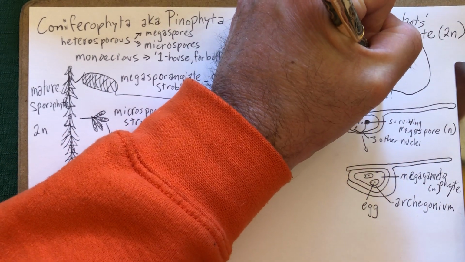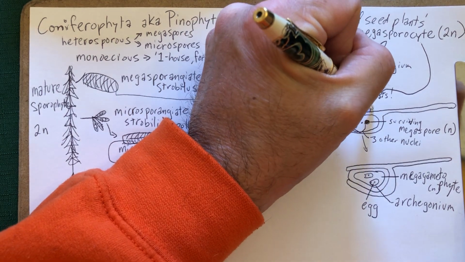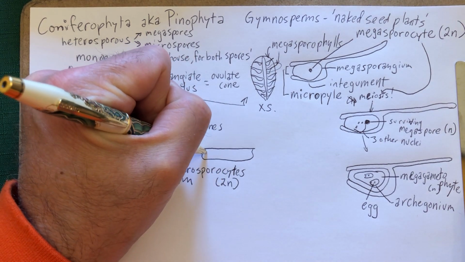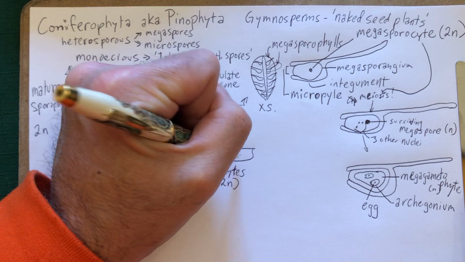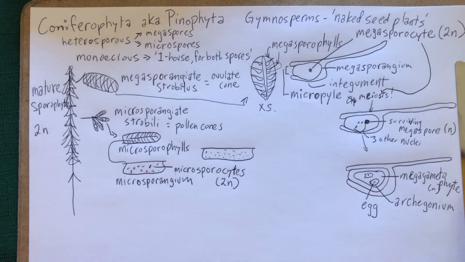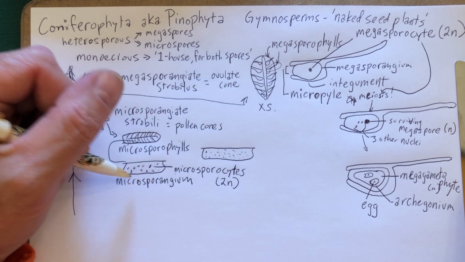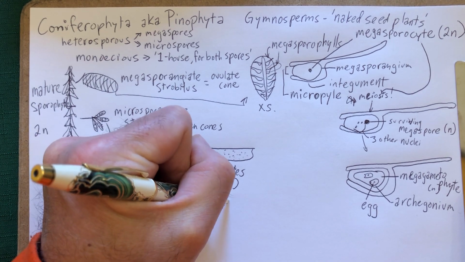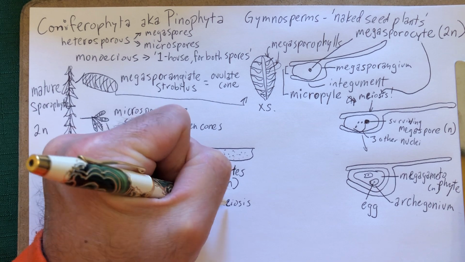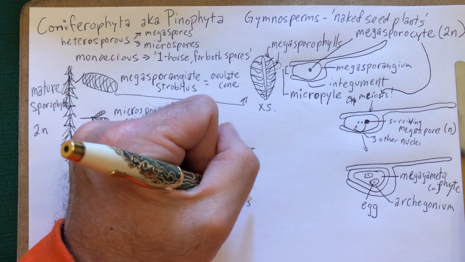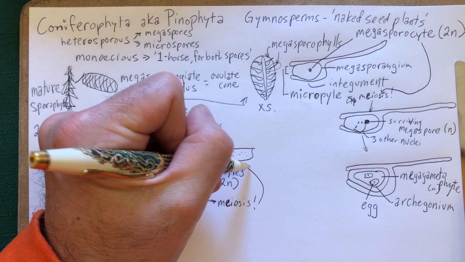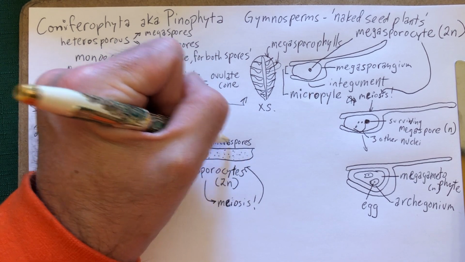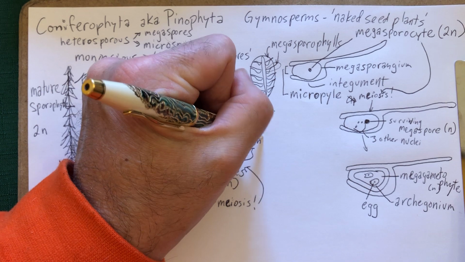But unlike with the megasporocyte, I'm trying to make it look like there's 4 times as many of these cells now as there were of the microsporocytes, because these, through meiosis, which is exciting, produce microspores, which are haploid.